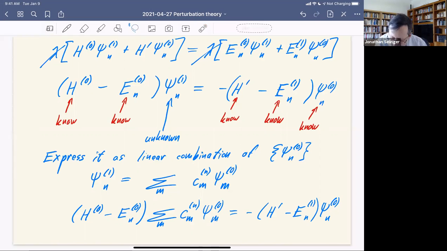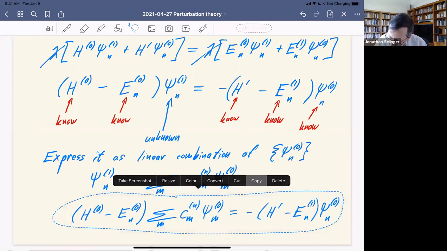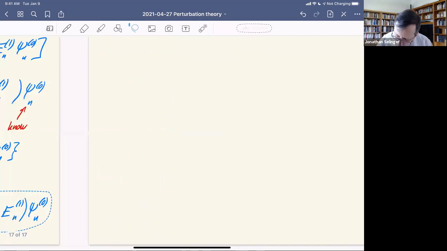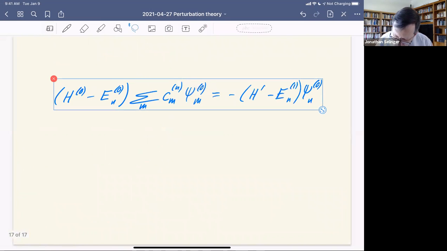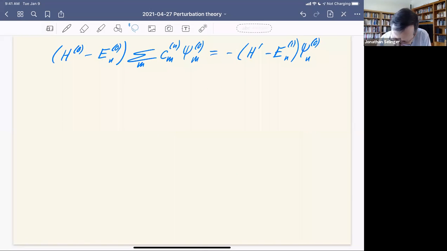All right, I'm going to copy and paste this onto the next slide. Okay, so if I want to write all this out, this is now going to be the sum over m.